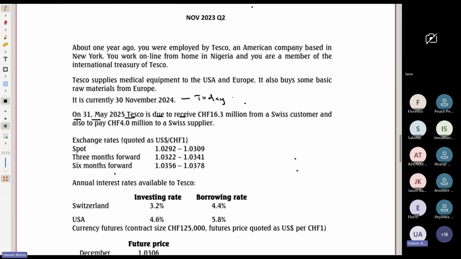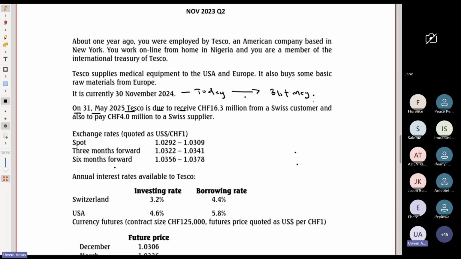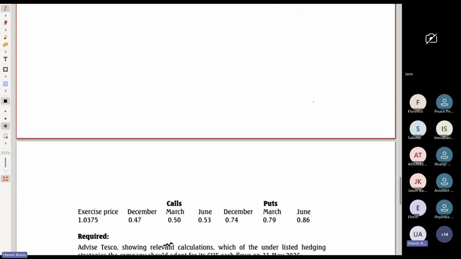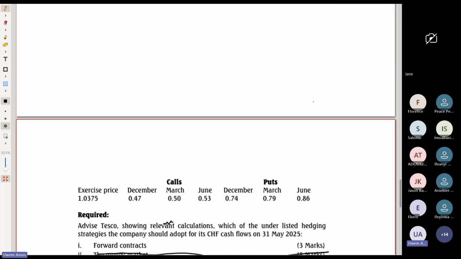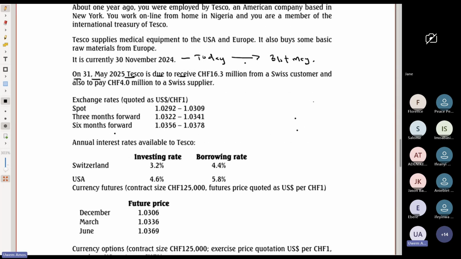So from today, 30th November 2024, to 31st May, when are we expecting to get that receipt? In how many months' time? Let me just write that quickly.